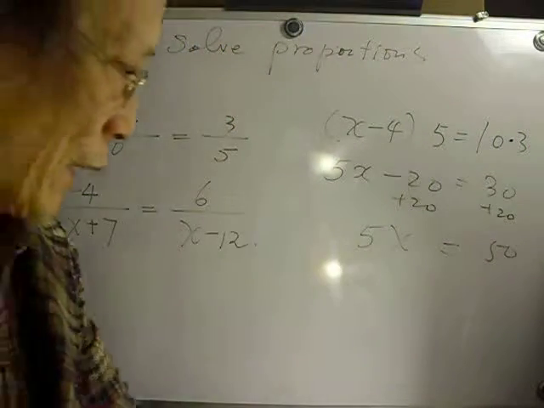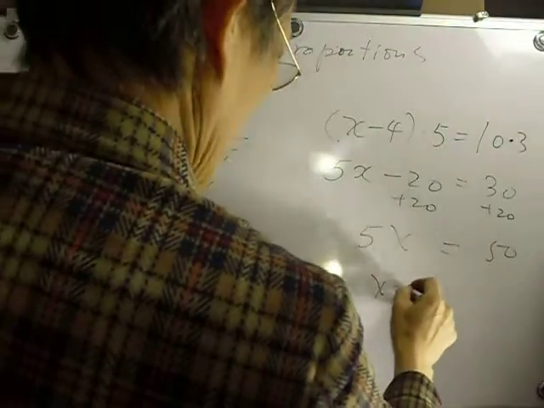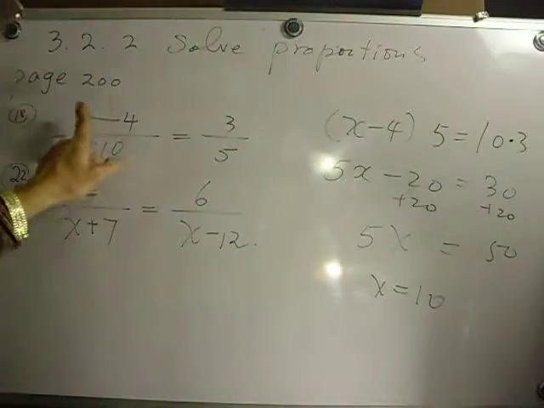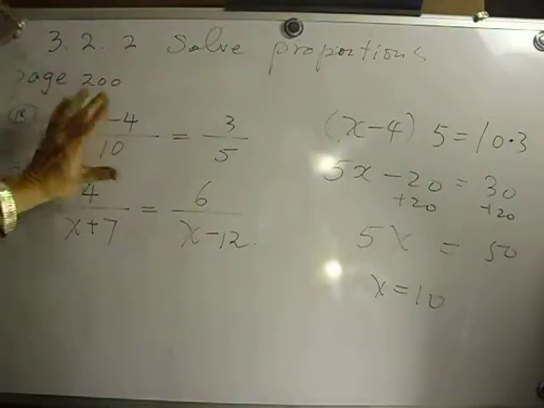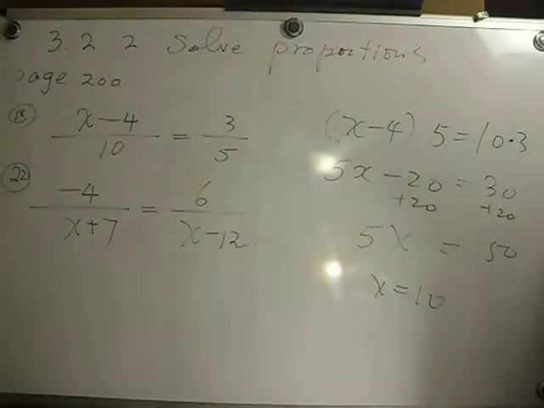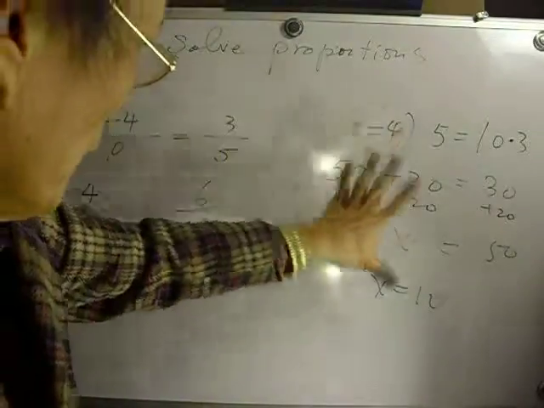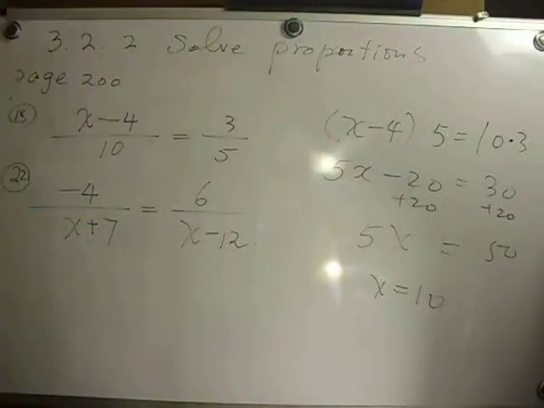Then you divide by 5, so x equals 10. If you substitute x equals 10 here, it reduces to 3/5. Cross multiplying, you can solve this problem. That's exactly number 18 in the textbook.